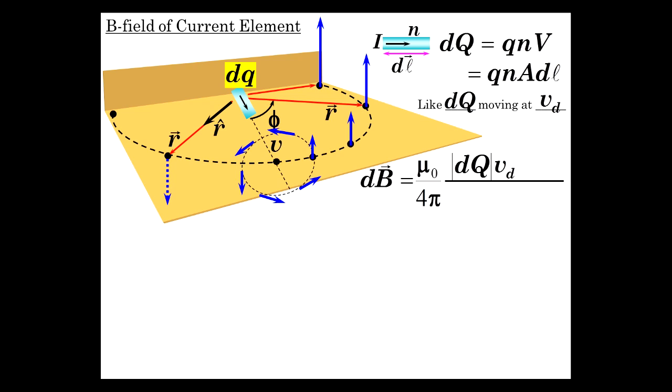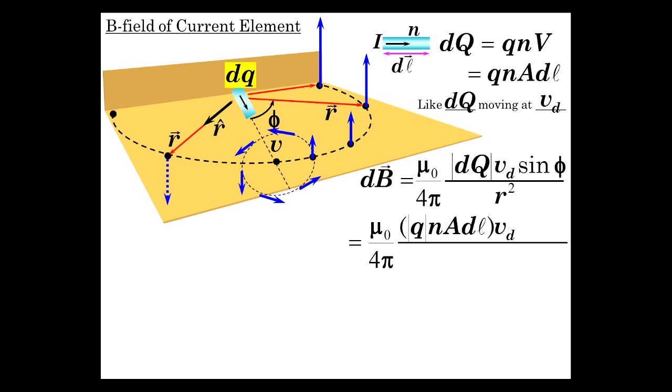And then we have vd, the velocity, sine of phi, over r squared. Strictly speaking, for this vector, I really should multiply by r caret, the unit vector. The dq is charge n A dl, as we discovered, and then we have vd sine of phi over r squared.